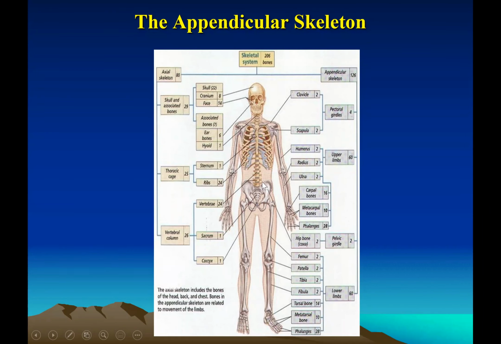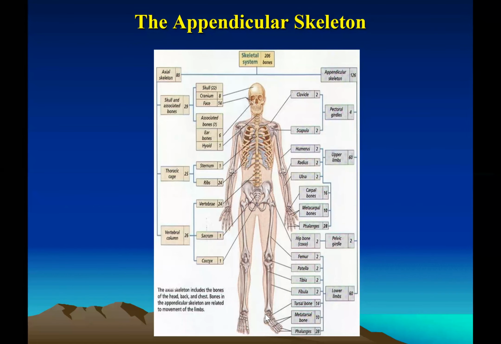Coming to the pelvic girdle that attaches your lower limbs, we have the coxal bone or the hip bone, your thigh or your femur for your lower limbs, patella that makes your kneecap, tibia and fibula that form your leg, tarsal bone that make your ankle.